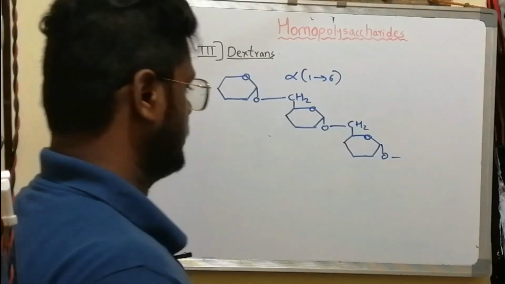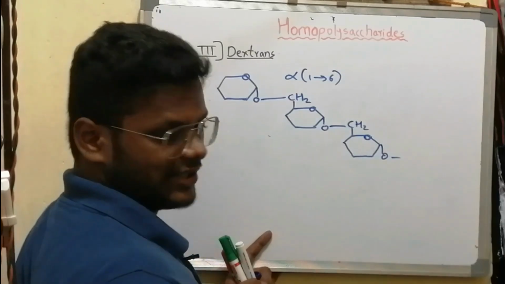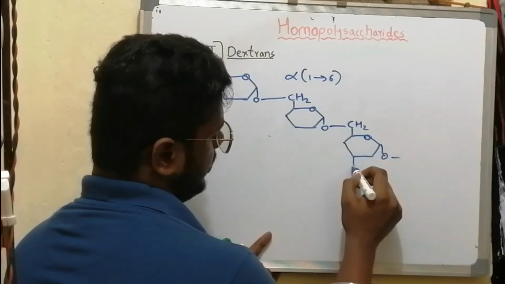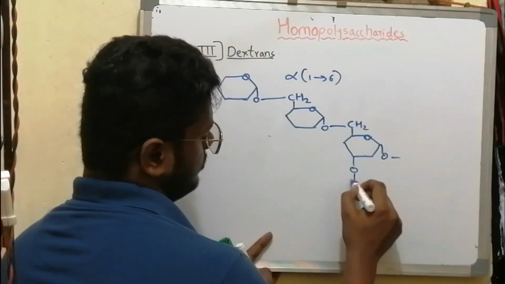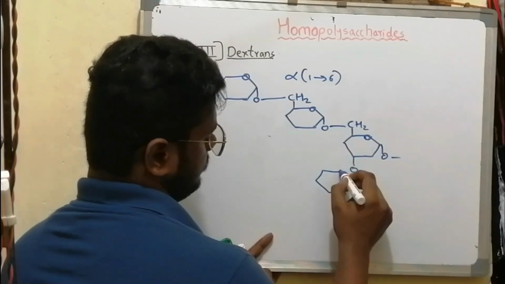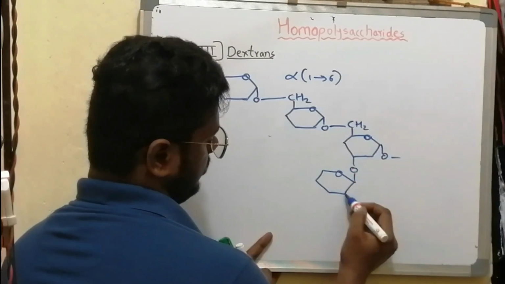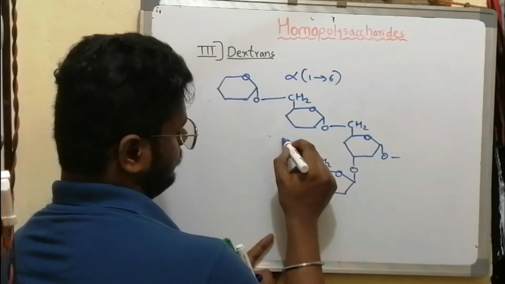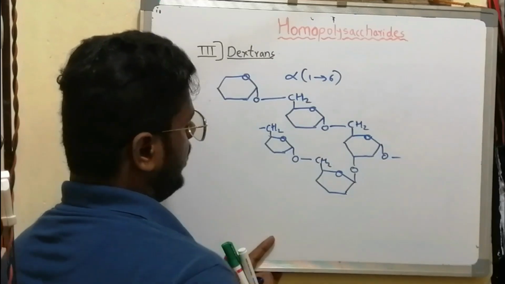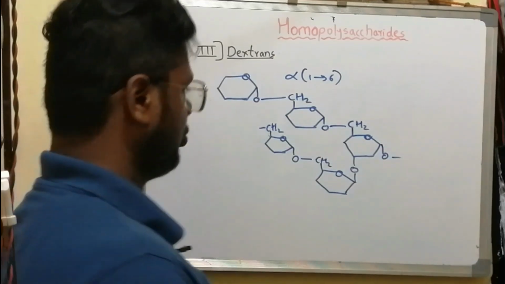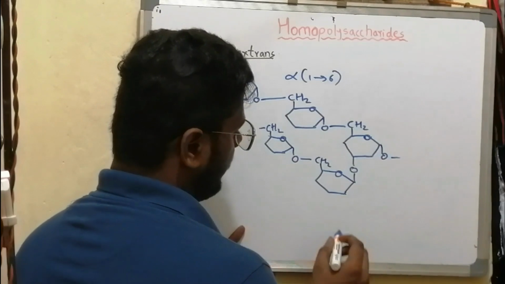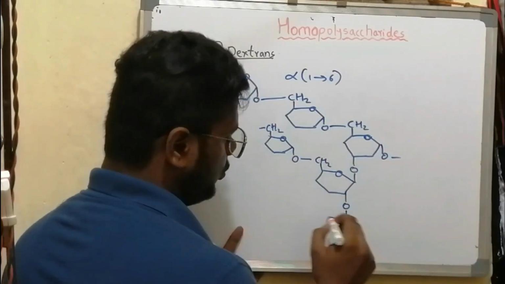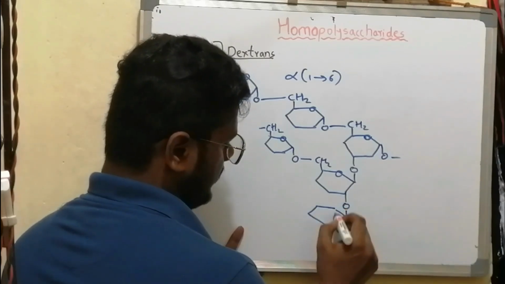And the branching points, as we discussed earlier, have alpha 1,3 bonds. So 1, 2, 3. Here we will have a branch with an alpha 1,3 bond, and the rest is the same, right? But at some points this branching can be present at the C2 carbon as well, and at that time we call it alpha 1,2 bonds.